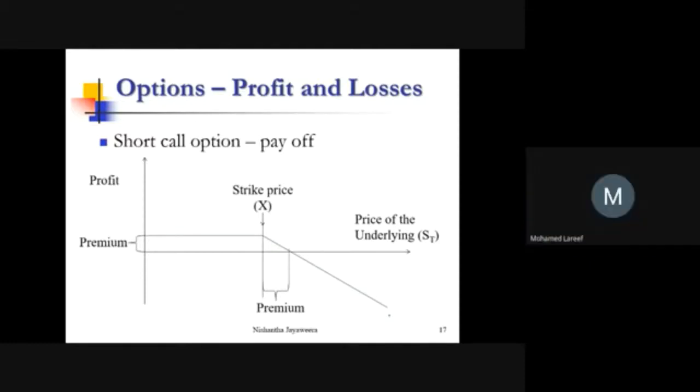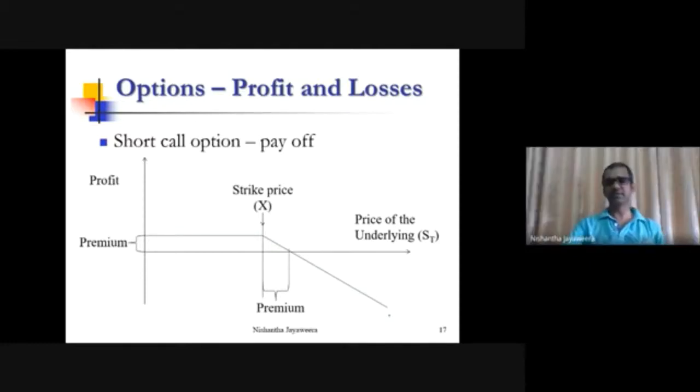So unlimited. It's unlimited. Indefinite. Whenever the spot price increases, the seller makes losses. Say again, for the buyer, unlimited profit. For the seller, unlimited loss.